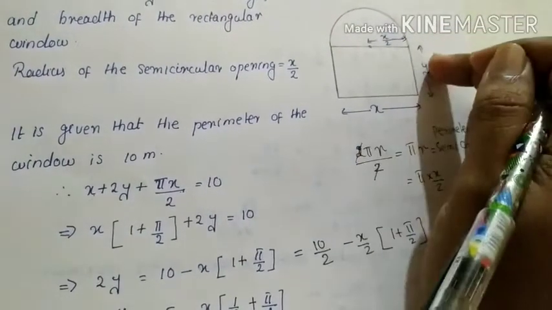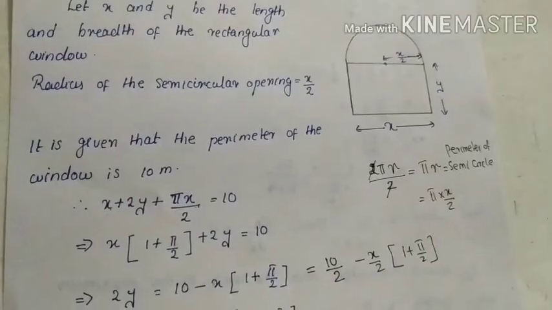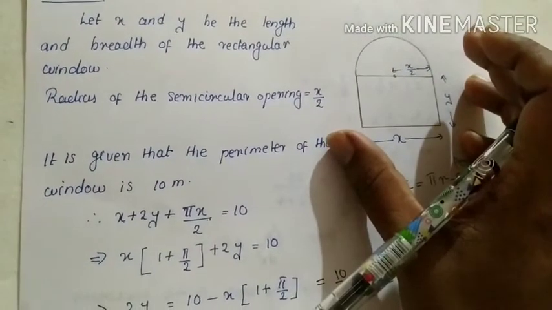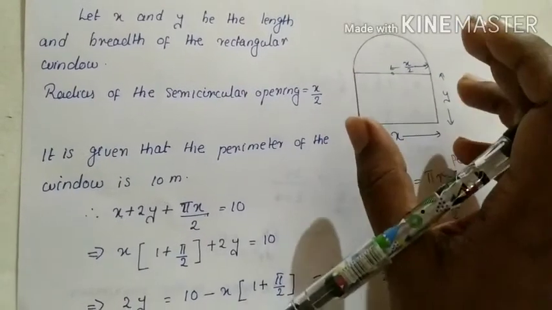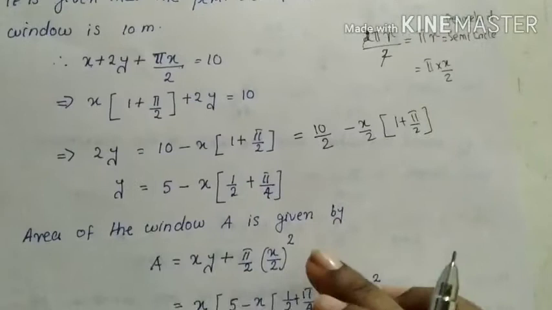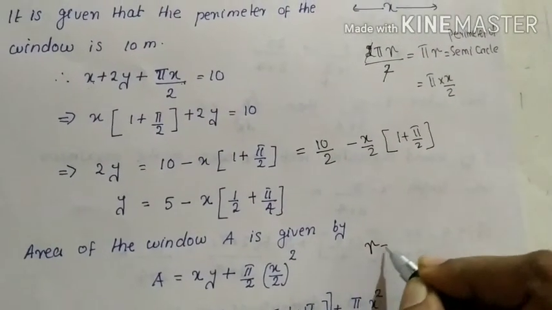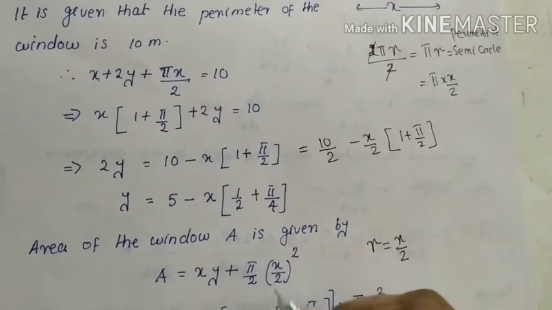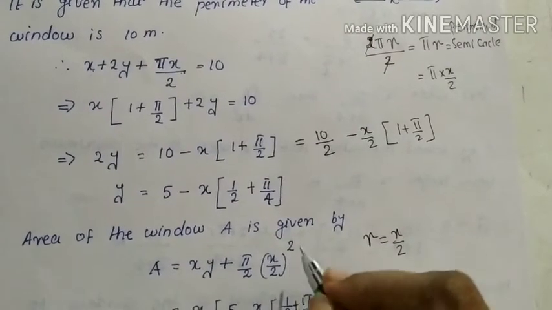The area of the rectangle is length into breadth, that is x into y, and the area of a full circle is pi r square, but here we need only the semicircle, so the area of the semicircle is pi r square by 2. In place of the radius, it is x by 2, so pi by 2 into x by 2 the whole square.